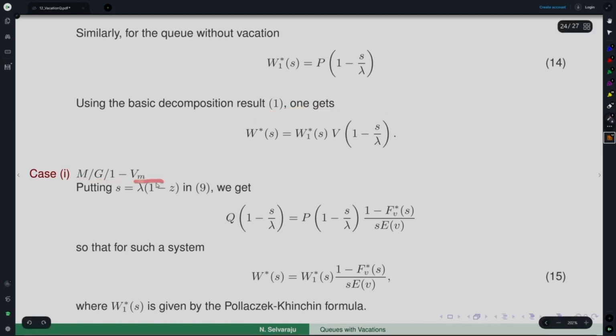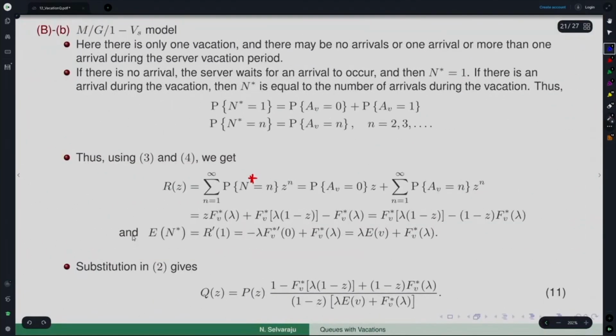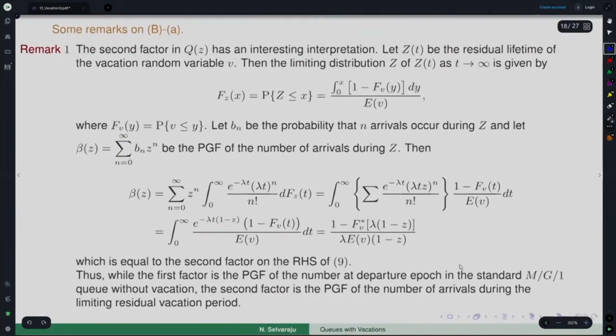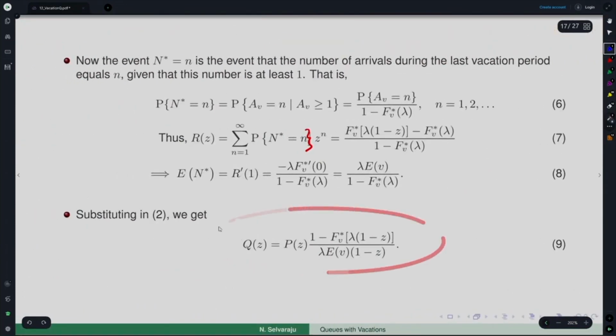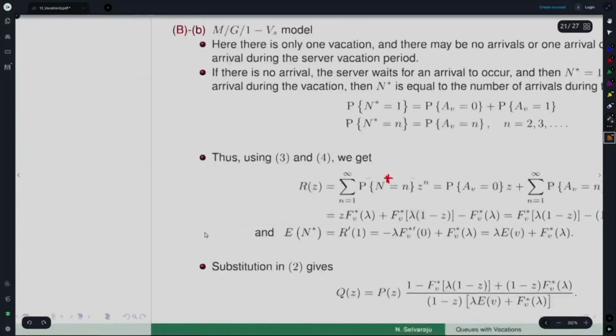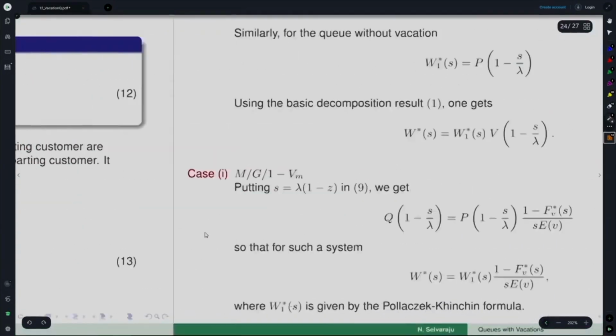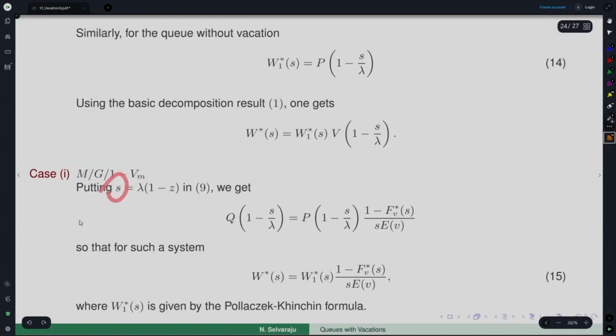Now, if I consider the M/G/1 with multiple vacation model, I will take this final expression that we have obtained in this particular case. I will take lambda times 1 minus Z as a change of variable S. Then that expression will give you this quantity.